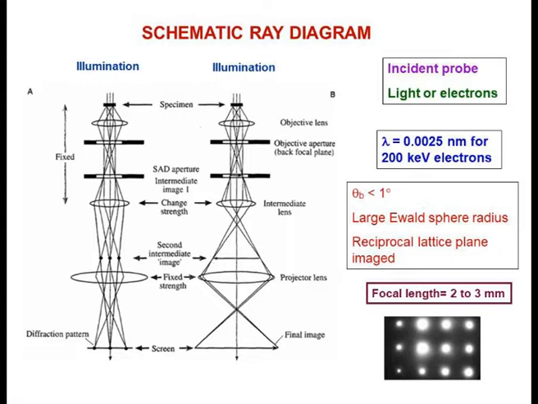Then the other one is that on the screen, if you want to see the image of the sample, or the diffraction pattern of the sample, what we essentially do is, for the further lenses, if we keep this lens in such a position that the back focal plane becomes the object for it, then we will form an image on the screen, which is going to be the diffraction pattern.